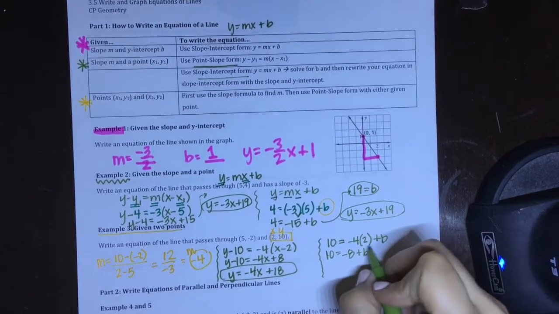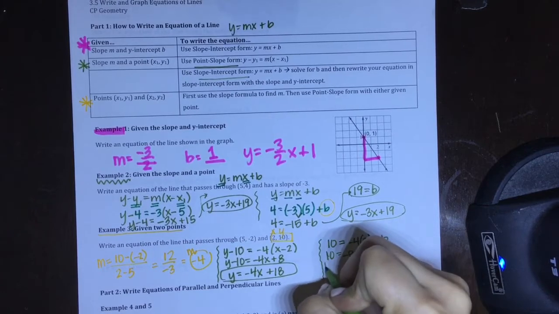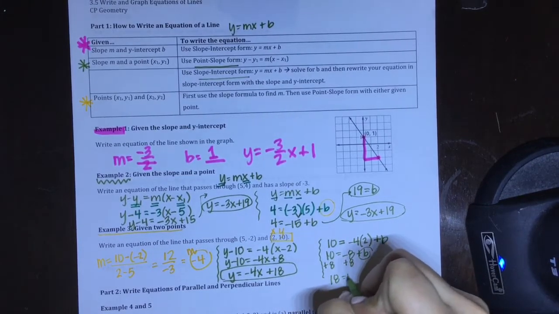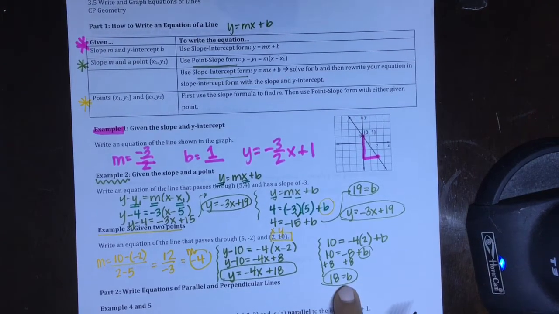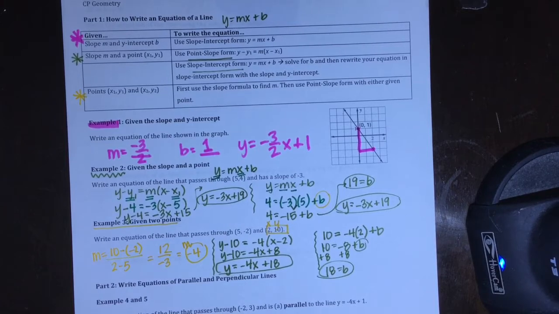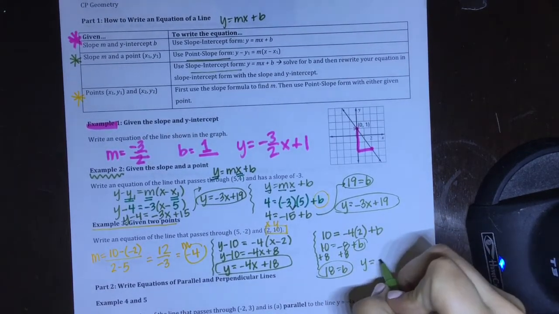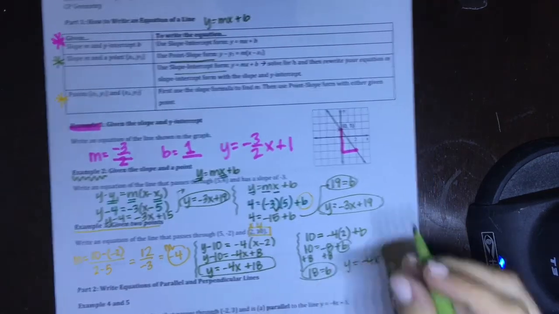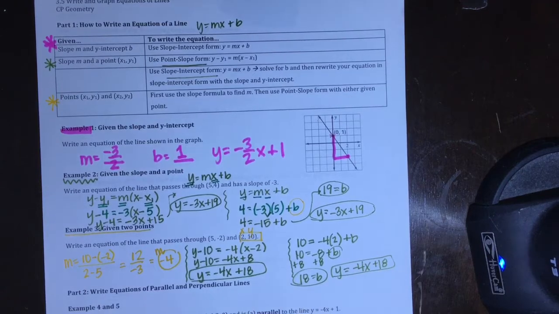Again, my goal is to figure out what this b value is. So I'm going to add 8 to both sides. And 18 equals b. You always have to take that last step. If you stop here, you're going to lose credit just for not giving the final answer of the equation of that line. So I would have y equals negative 4x, because that's my slope, plus 18. And again, either way, we get that same answer.